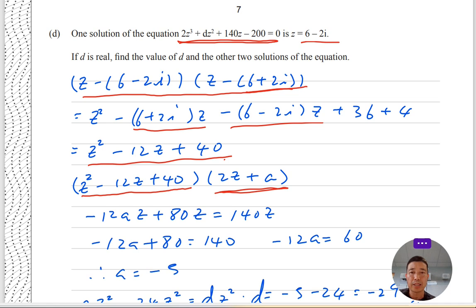So what I did is I used the terms with a z. To make a z, it's got to be negative 12z times a, which is negative 12az, plus 40 times 2z. That's the only chance you can have the term with z, right? And it says 140z. So it means negative 12a plus 80 must be 140, right? So that means negative 12a equals 60, hence a must be negative 5.